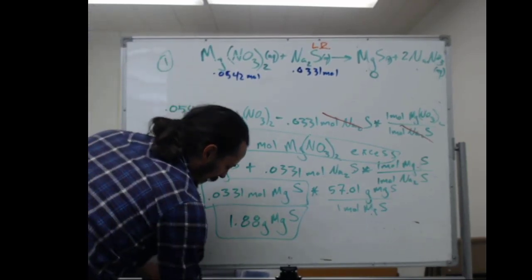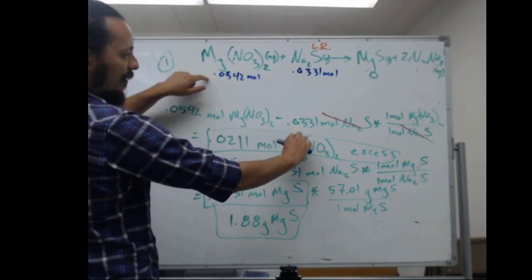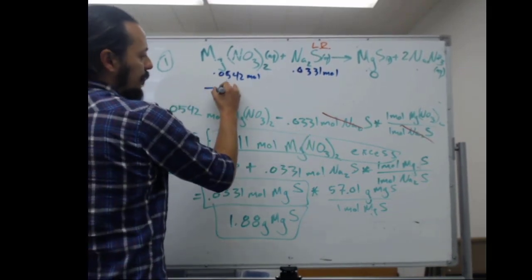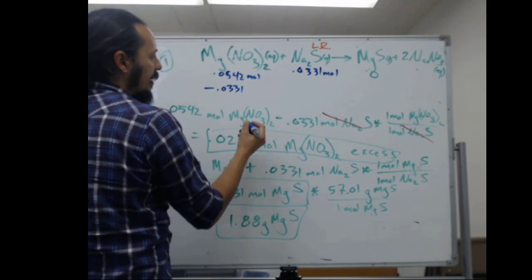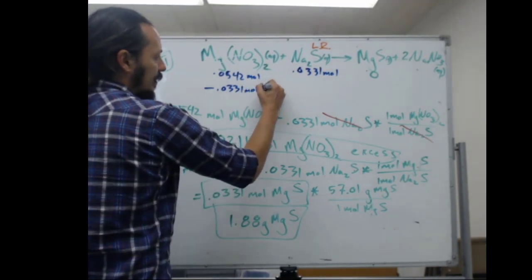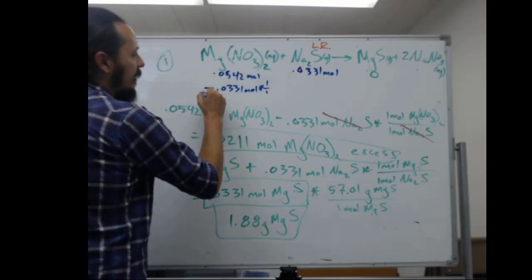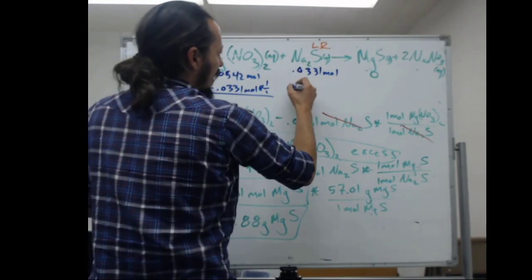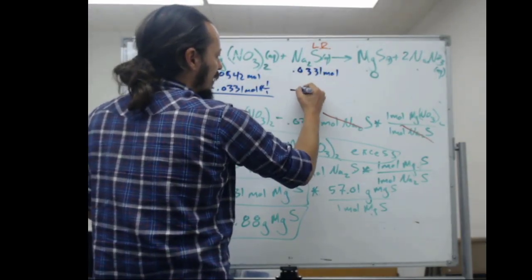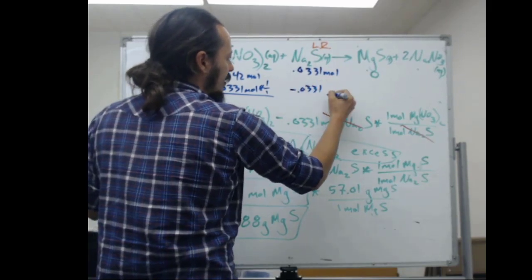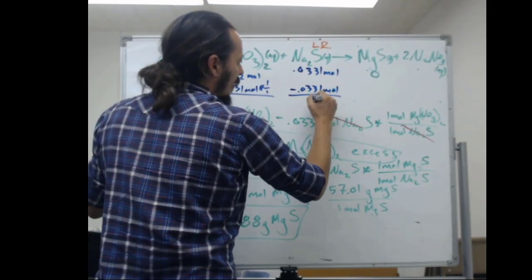So I'm going to take this mathematical expression of the 0.0542 minus 0.0331 moles times a 1-to-1 mole ratio. And then I can do that math straight down. I'm going to have 0.0331 minus 0.0331. That's going to give me 0.